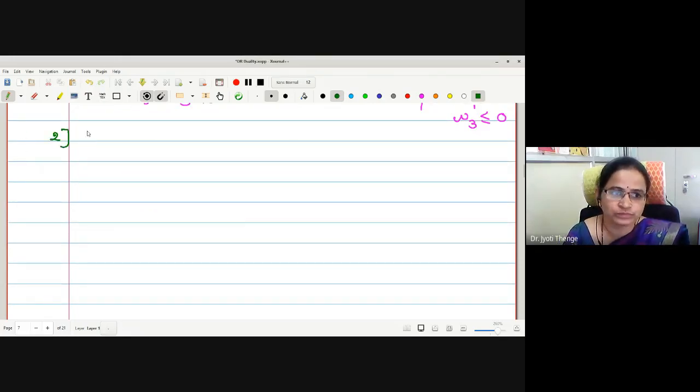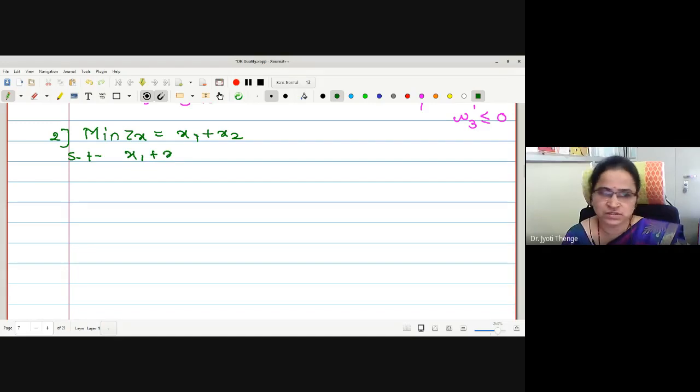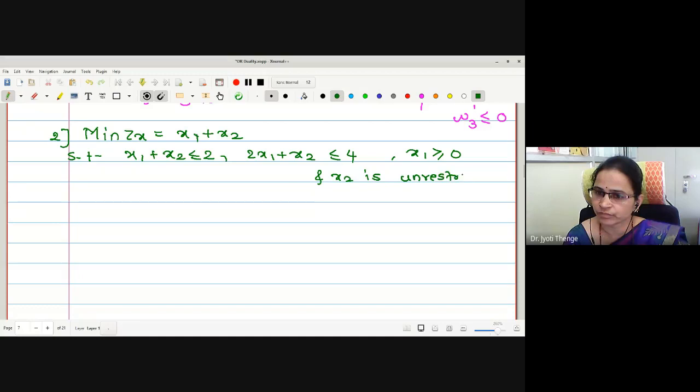Example number 2. Minimize Z(x) equals x1 plus x2 subject to x1 plus x2 less than or equal to 2, 2x1 plus x2 less than or equal to 4, x1 non-negative and x2 unrestricted.